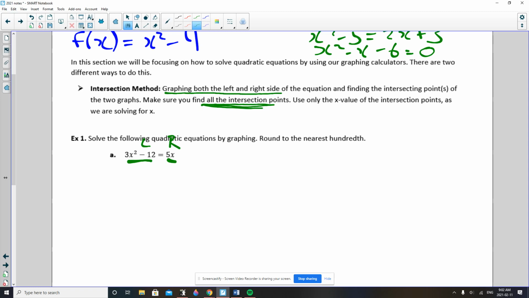So graph both the left and right side, find all the intersecting points, and then use only the x values to solve. So on my graphing calculator, I take the left side and type this in as y1. Take the right side and type that in as y2. Okay, that's this first part right here. Graph both the left and the right side.